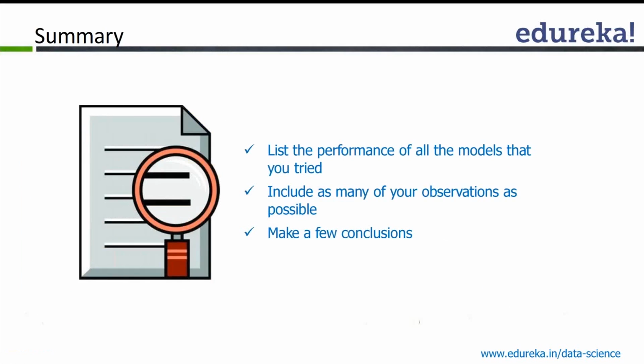Okay, and finally, you can write out the type of model that you tried, what is the performance that you got, and what are your conclusions about that particular model or a particular attribute, particular variable, whatever thing that you can conclude from your analysis, and provide in your report.